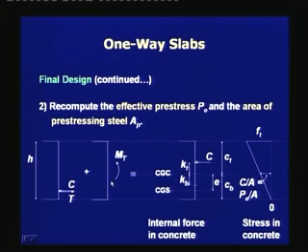Under service conditions, due to the total moment, the maximum distance the C can traverse is up to the top kern point. At this location, the stress at the bottom is 0, the stress at the top is Ft, and again the average stress at mid height is C by A equal to PE by A. This is the stress profile under service conditions.